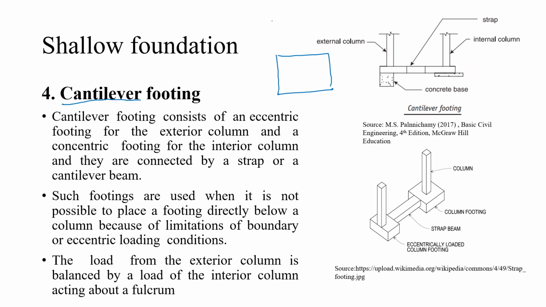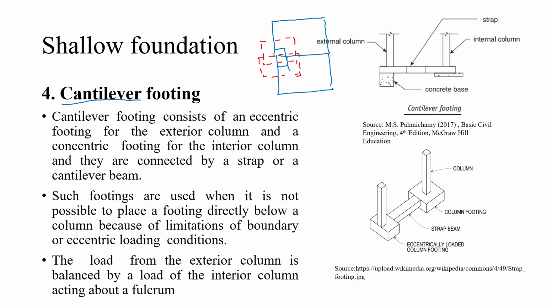But your neighbor is also doing the same. He may also want to build a very big structure. What will happen? Let us say both of you have a column at the extreme ends. If you create a footing for this column, there are situations where this may overlap or your footing may extend into the property line of your neighbor.